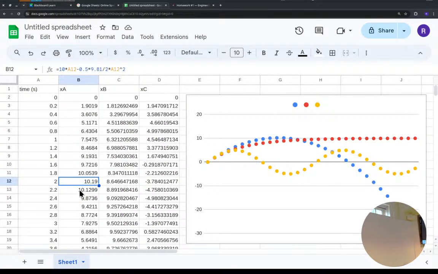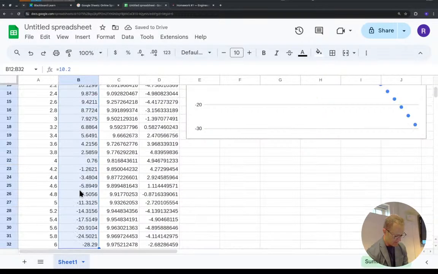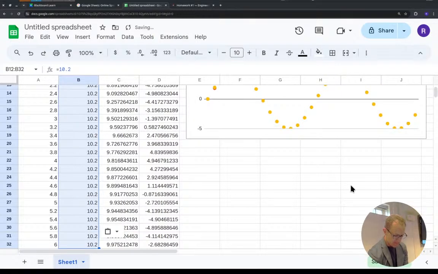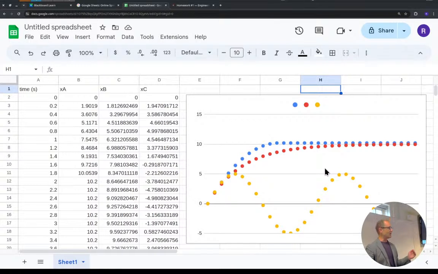Right around here, it got to 10.2 and then started moving back to 0. So what I could do is say that this is 10.2 and copy it down, so that now when I reach that maximum point, it stays at that max, when the velocity got to 0.